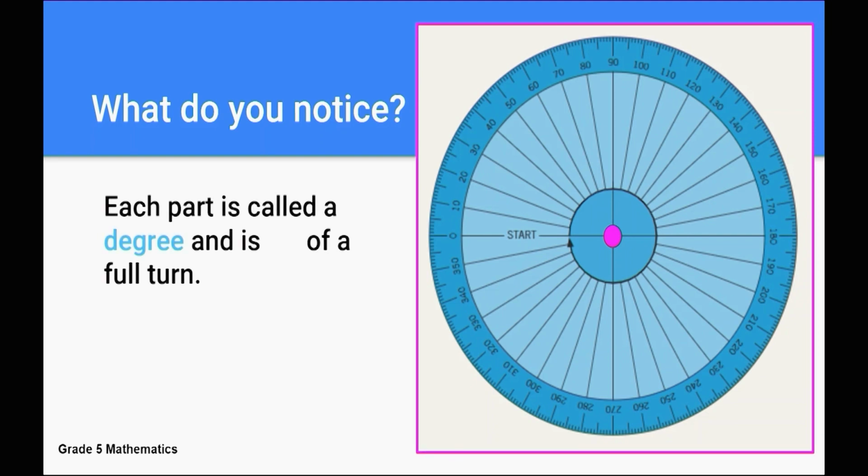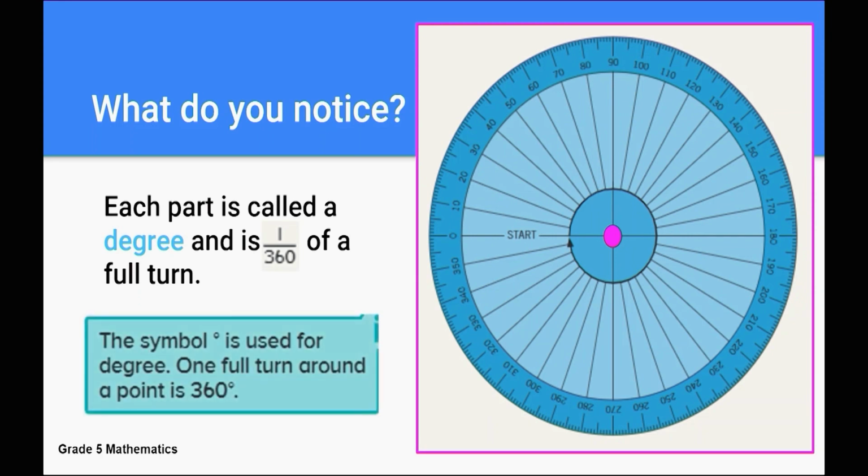Each part is called a degree and is 1/360th of a full turn. We use this symbol for a degree. So one full turn around a point is 360 degrees.